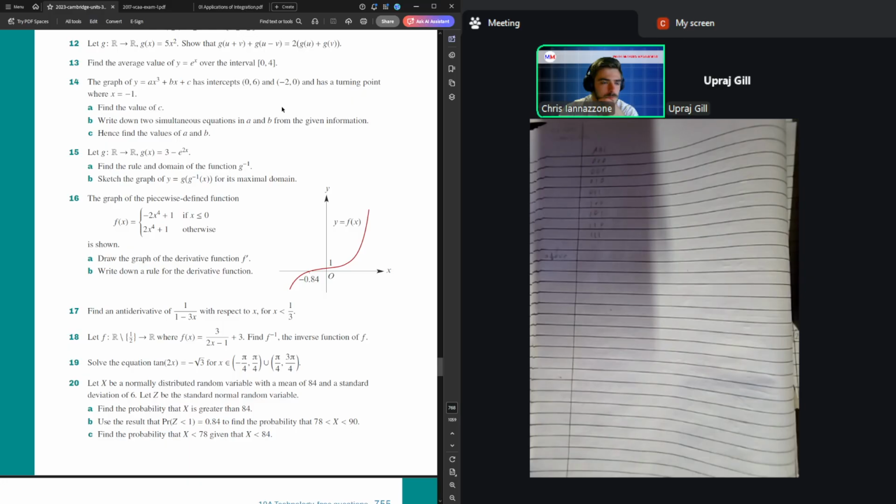What do we know about turning points? The derivative is 0. There you go. The keyword turning point, your brain should be wired so that as soon as you see it, you think derivative. But how are you going to use it here? How do you differentiate a polynomial? 3ax squared plus b.